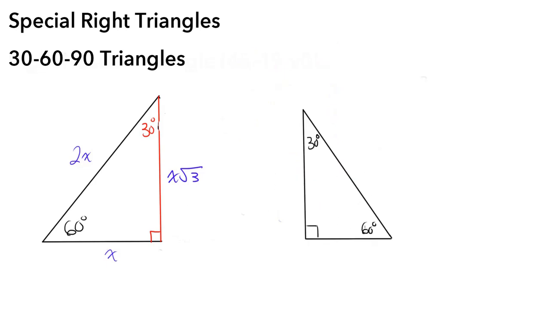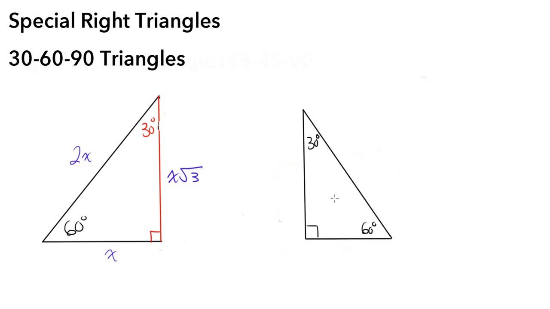If I have this 30, 60, 90 triangle here, and I know that the short leg measures 4, that tells me that the hypotenuse measures 8, because the hypotenuse is twice the length of the short leg, and my longer leg is 4 radical 3.